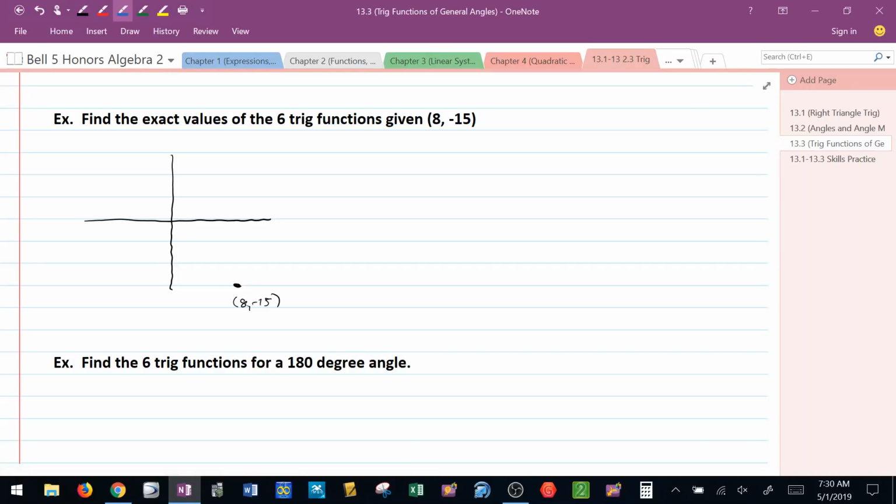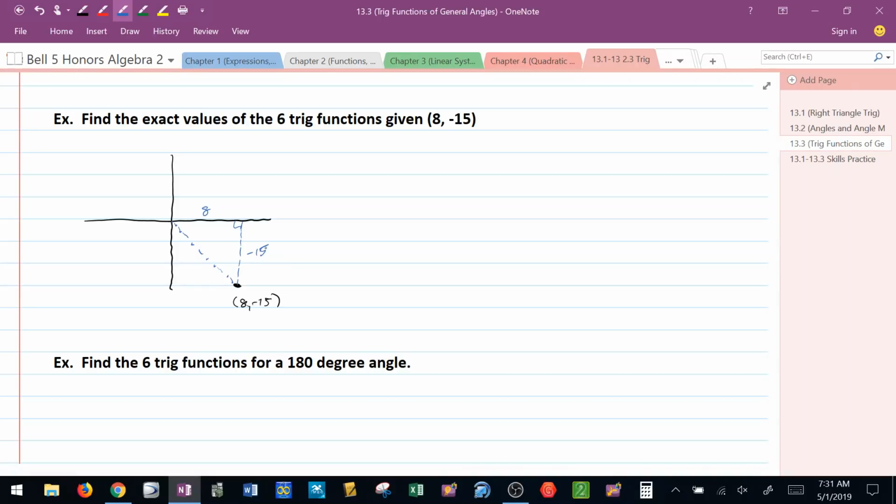Now I recognize that there is a triangle that gets created right here. I always like to use dashed lines, but you could use solid lines if you wanted to. There's a right triangle getting created there. This right triangle has an x value of 8 and a y value of -15. It should be positive because it's the length of a side, but remember, we're going off of its position.